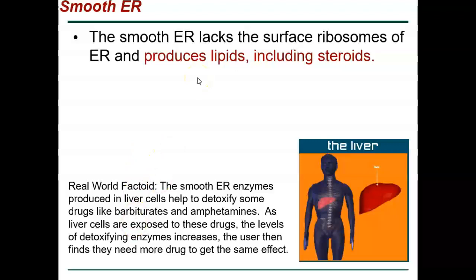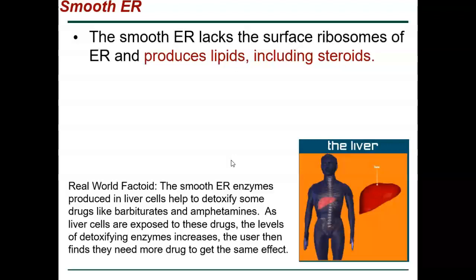So you're going to have a lot of these smooth ER enzymes in your liver. As unfortunately a person who is addicted to drugs, their body is trying to help them, and their body will make more and more of these enzymes to try to break down the bad things they're putting into their body.